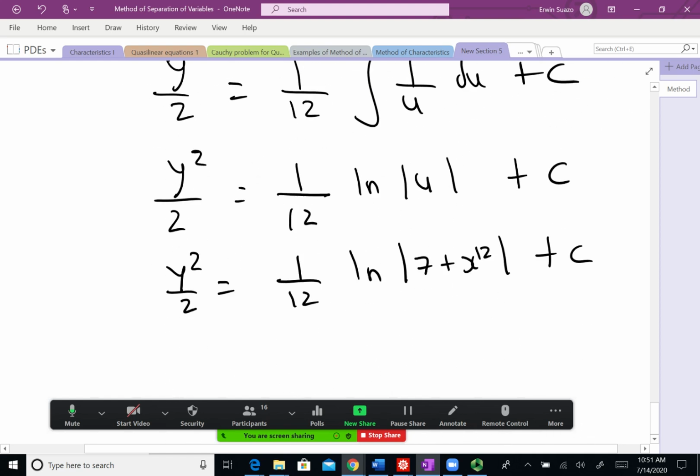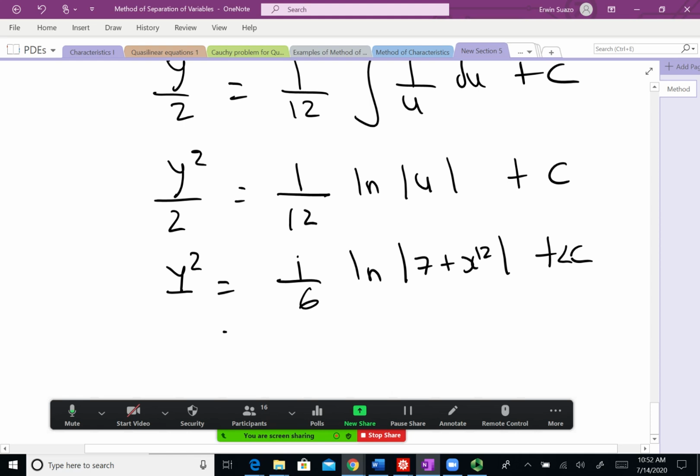And then we multiply times 2, so we get y squared equals 1 over 6, and then 2c.